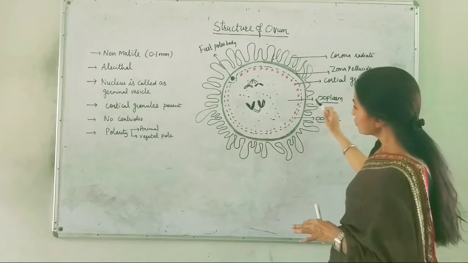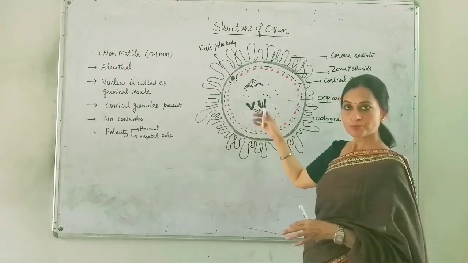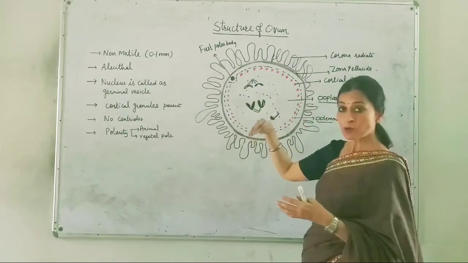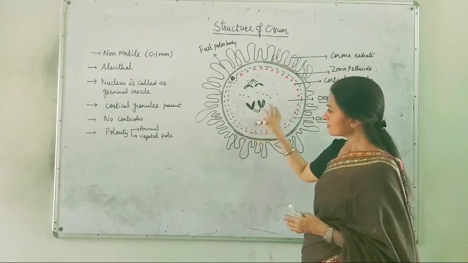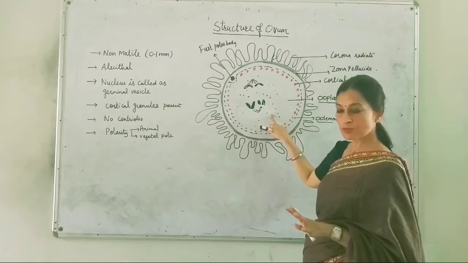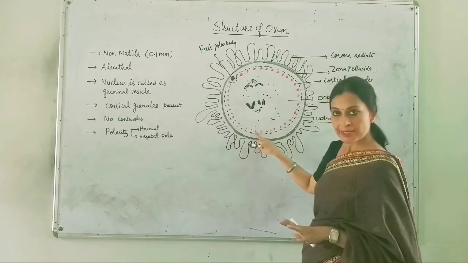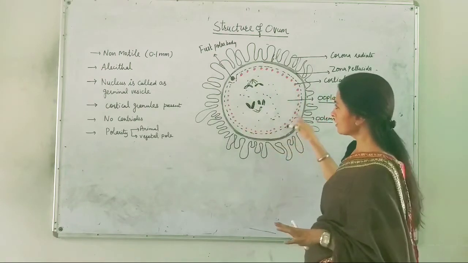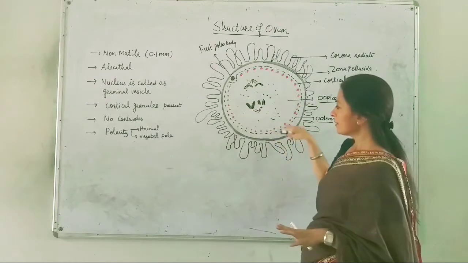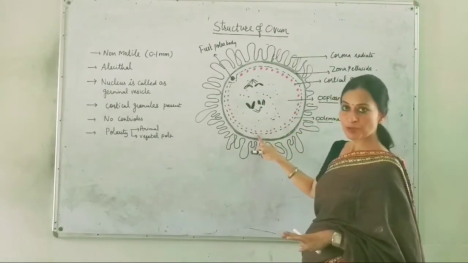Okay, so if we start from the inner side and move outside, we can see the cytoplasm, the germinal vesicle, the nucleus of the cell, then the cortical granular layer, covering all the inner layer of the plasma membrane, then the plasma membrane.